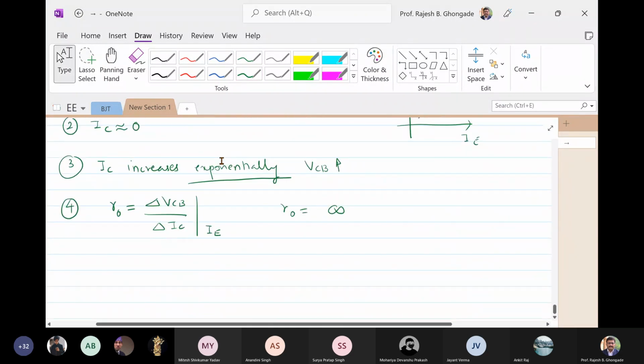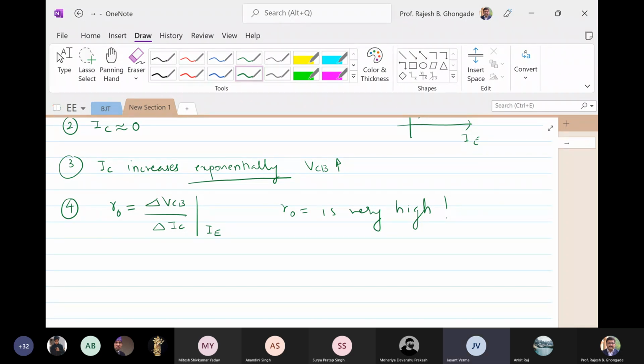So what can you say about output resistance? Practically, output resistance is very large, is very high. ये एक important observation है, ठीक है? Yes sir.